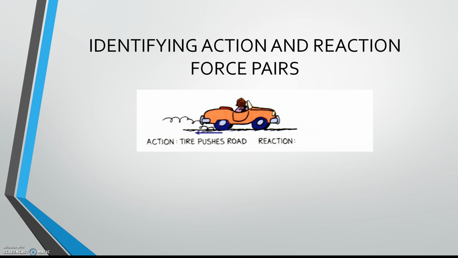The action would be the tires pushing on the road. And we know that forces come in pairs, and we know that those force pairs are equal and opposite. So what would our reaction be? The reaction would be the force of the road on the tires in the opposite direction. And that reaction force will cause the car to travel forward.